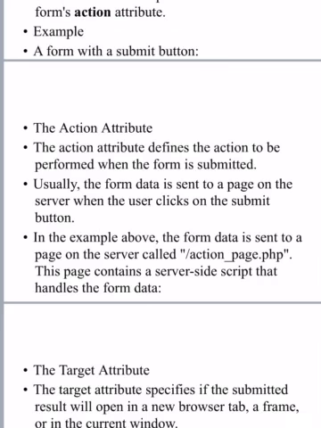And we also have actions in our form element. The action attribute defines the action to be performed when the form is submitted. So after clicking the button, what action should be performed, that also we have to mention.